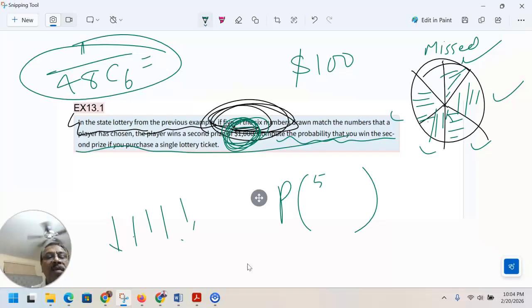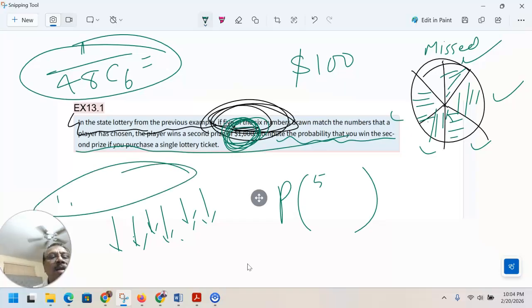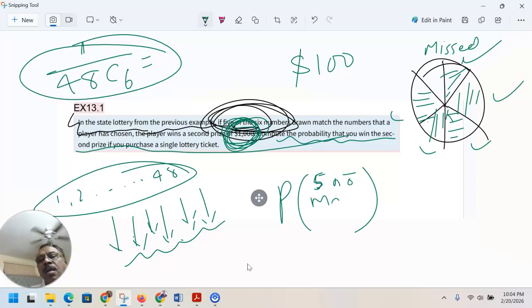When you picked six numbers from 48, there were 48, and you win when five numbers match the winning numbers. So your five numbers are correct.